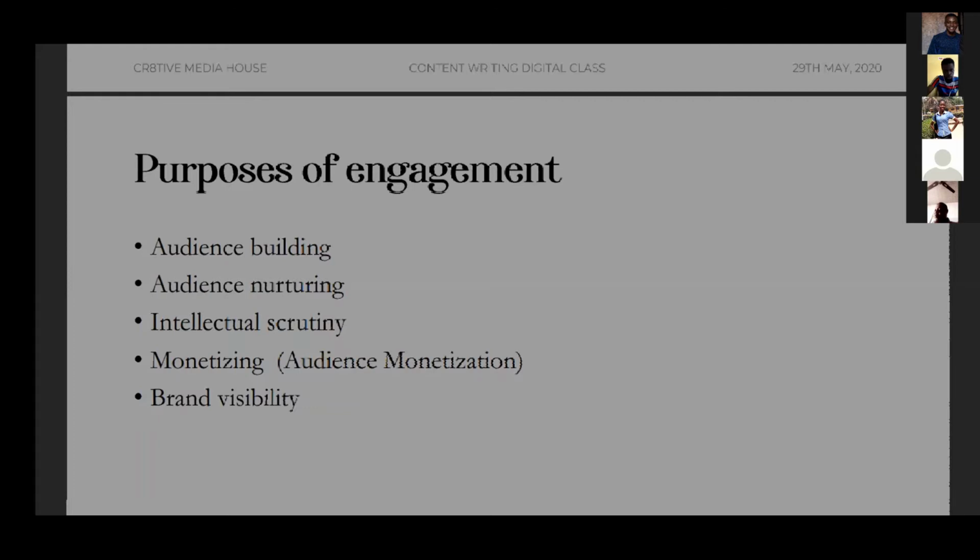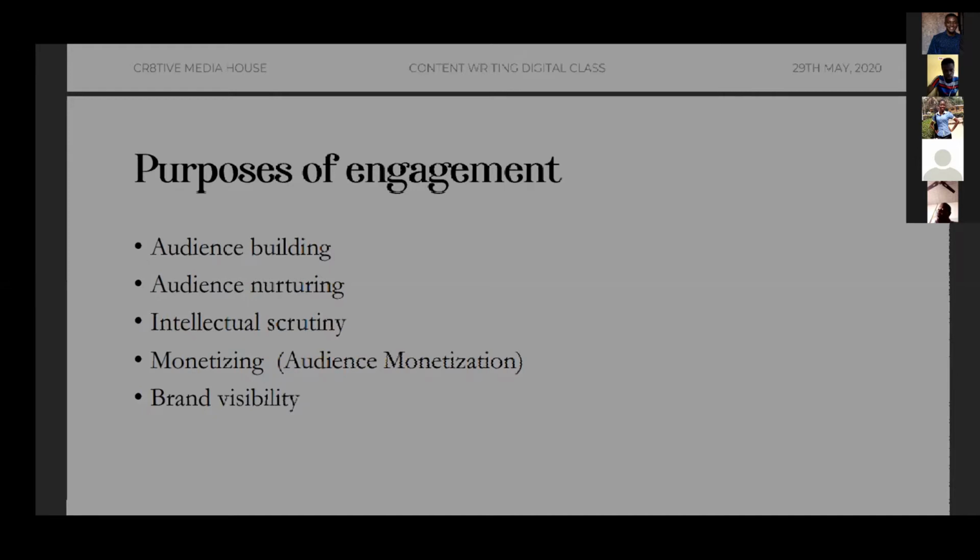Secondly, for audience nurturing. There are a couple of people who read your content and then they feel elated. They feel they want to learn, they want to grow, and all of those things. So when your content engages people, they get nurtured from what they see or hear or read from you. Number three is intellectual scrutiny.